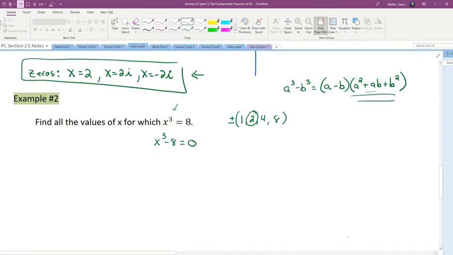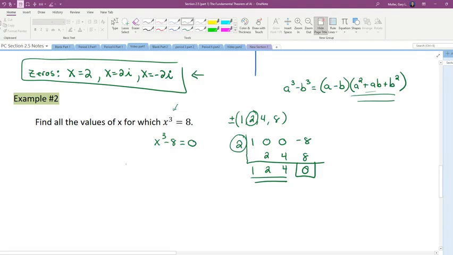So I'm still going to do my synthetic division: 1, 0, 0, negative 8. Instead of guessing all the numbers, I already know 2 is going to work. So I bring down the 1, I get 2, I get 4, I get 8, I get 0.